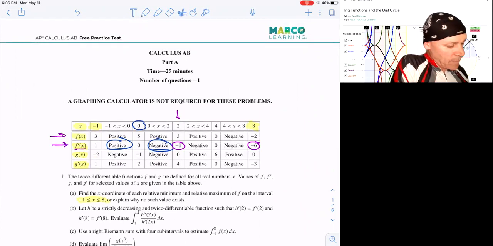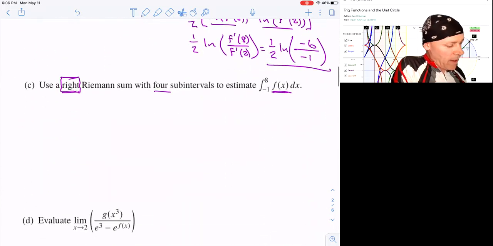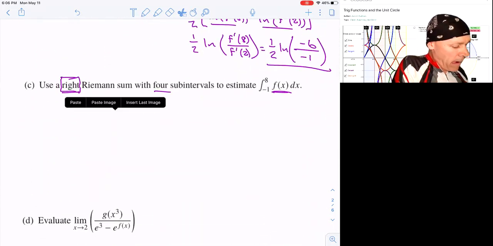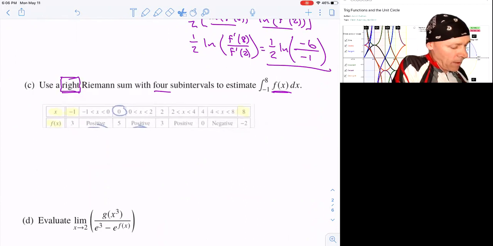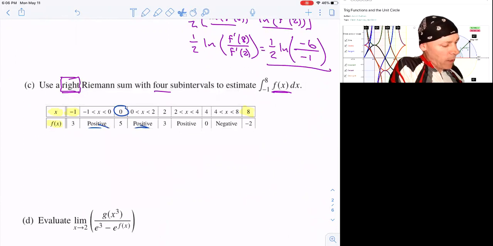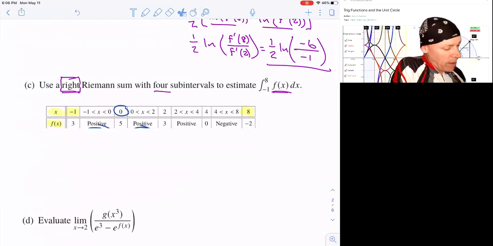It'd probably be handy to take this piece of the table that I need, f of x, and bring that down where I'm working on this one. And it's a right Riemann sum. So here are my four intervals.